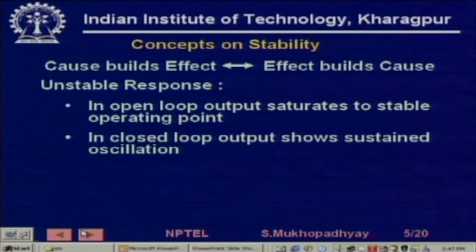So, the plant tends to run away and the controller keeps pushing it back. So, you have an oscillating response. Typically, in case of an unstable response, the closed loop output shows sustained oscillation. That is also a kind of instability. This is typically what you find when you operate a plant in either open loop or closed loop.